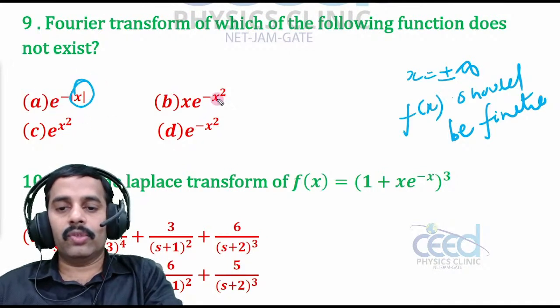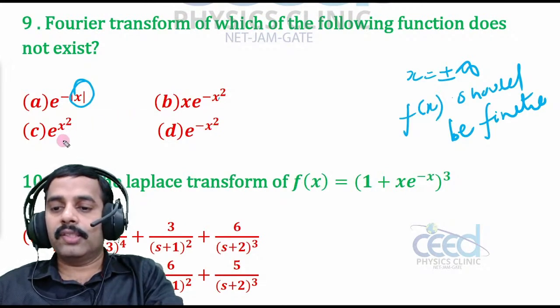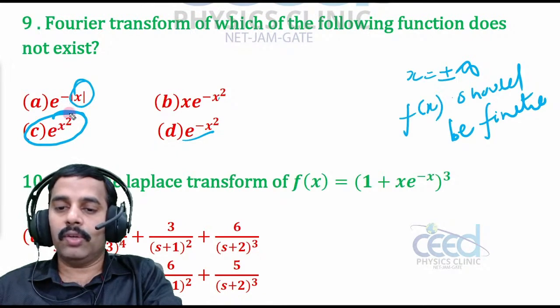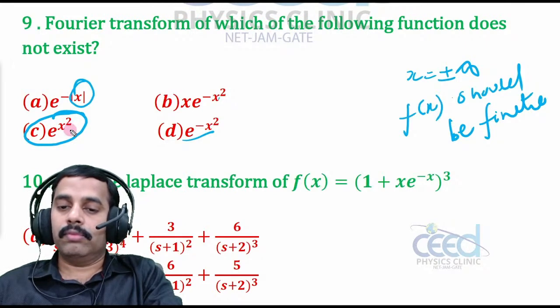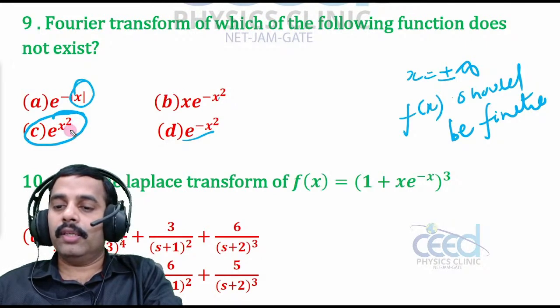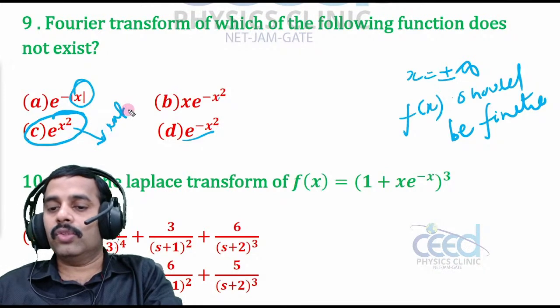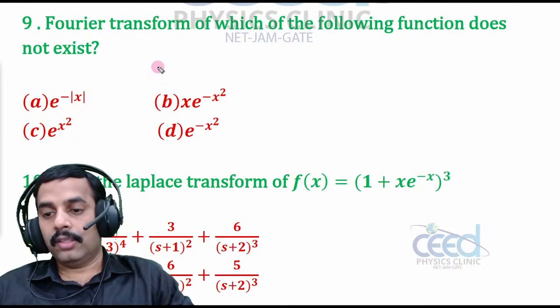Here also due to e raised to minus exponent term, when you substitute x is equal to infinity or minus infinity, this part will be finite, so the entire part will be finite. This also the same, but here the problem is e raised to plus infinity whole square, that is going to be an infinite quantity. This term is going to infinity. So option C is correct, right?